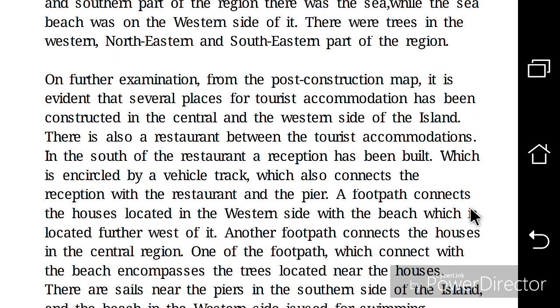So here I have written that to the south of the restaurant there is a reception which has been built and which is encircled by a vehicle track, which also connects the reception with the restaurant and the pier.